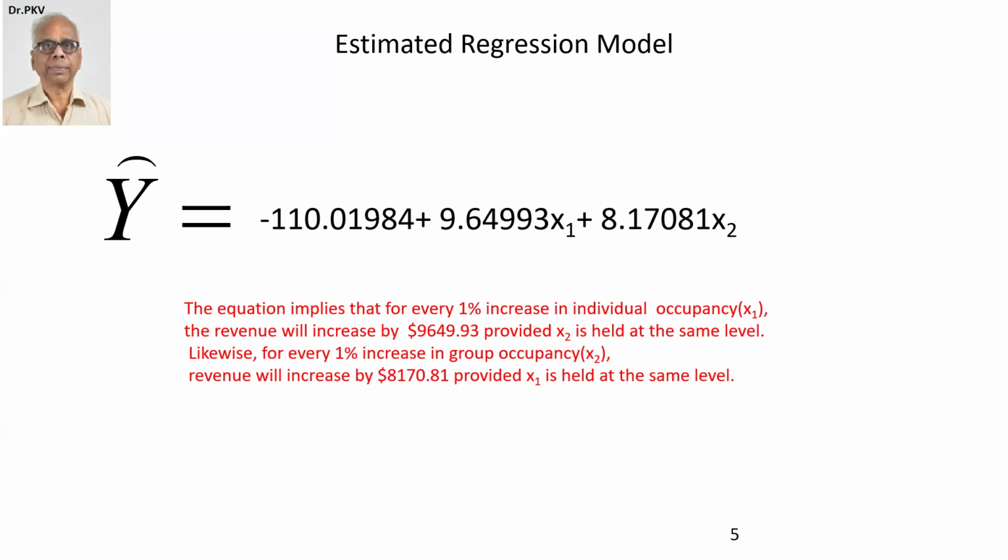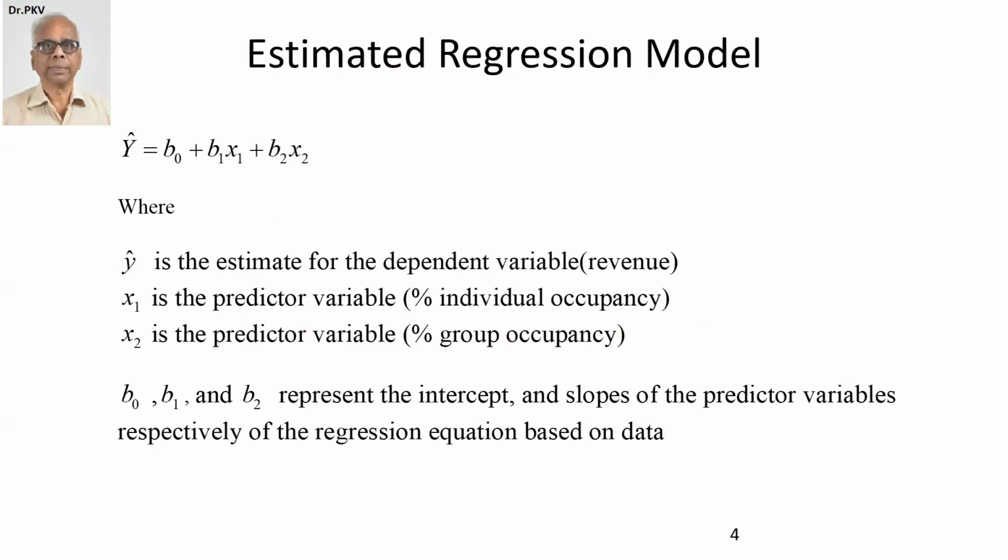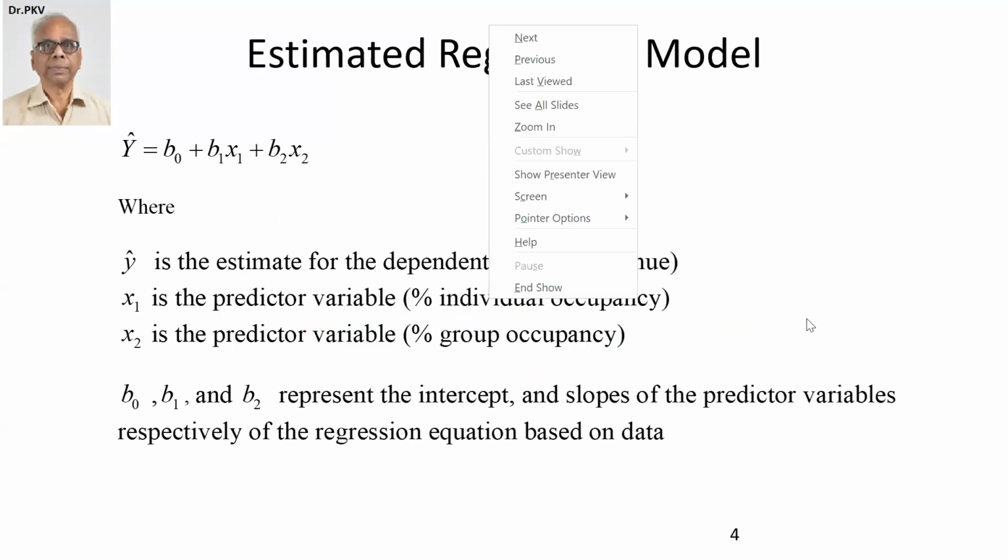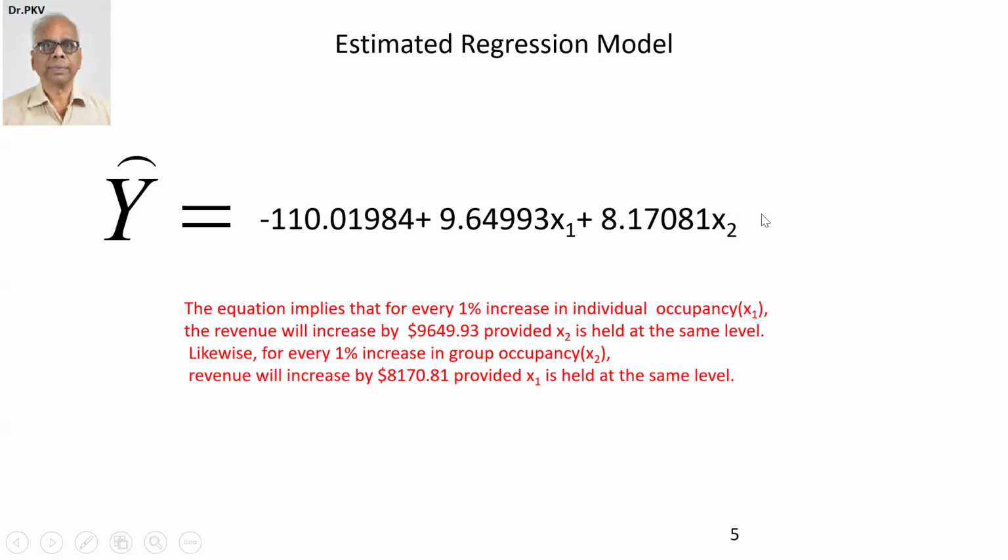The slope represents the incremental increase in the revenue generated when the other variable is kept at the same level. In other words, keep x2 at the same level, and for every 1% increase in x1, the revenue is expected to go up by $9,649.93.